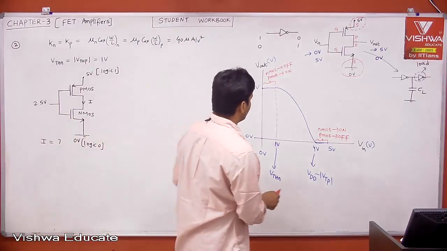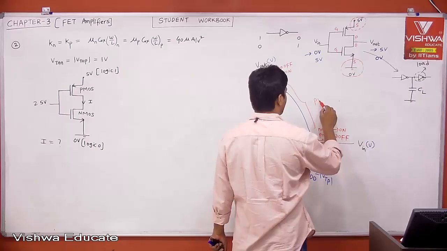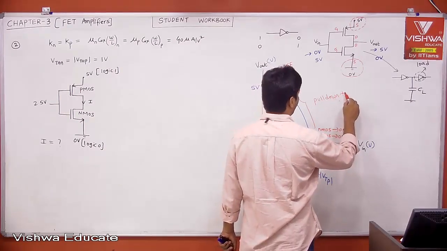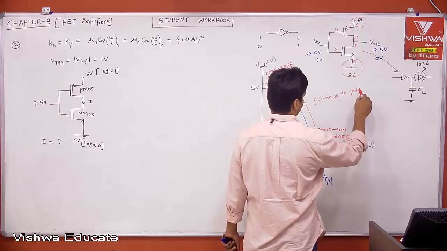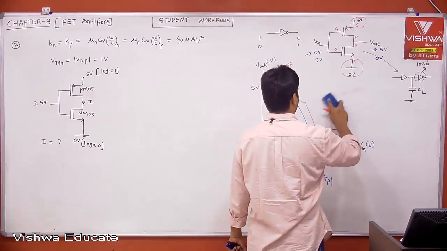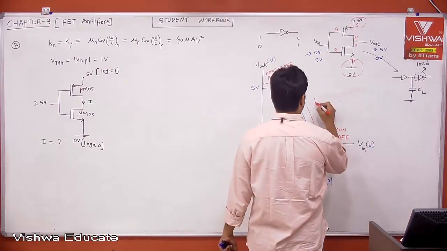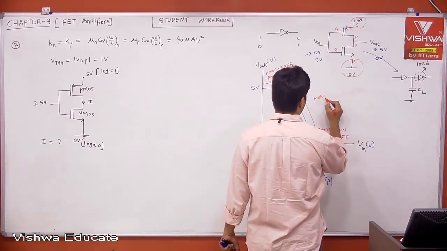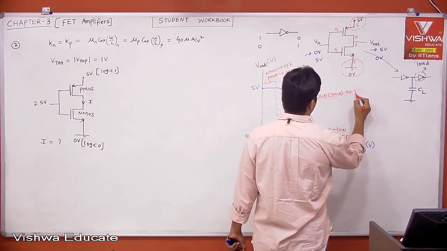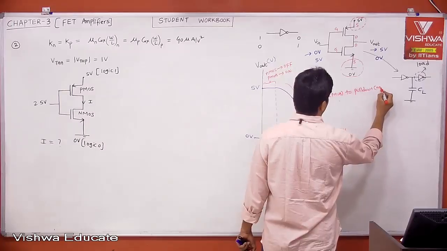In this portion, you can say pull down to pull up, or pull up to pull down, fighting. Pull up, which is PMOS, to pull down, which is NMOS, fighting.